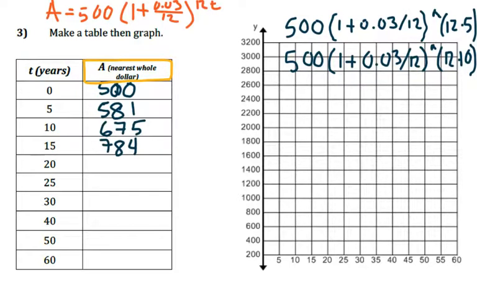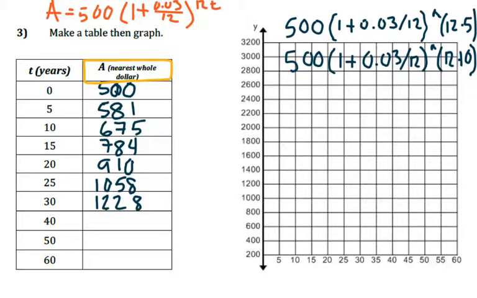Well, when we substitute in 20, so this is 20 years, after 20 years it will have $910. After 25 years we would see $1,058. And after 30 years the account balance would be $1,228.